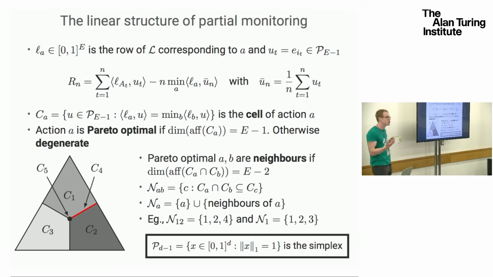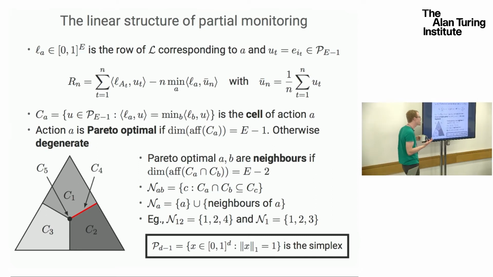Okay, so this is telling you which actions can be kind of similar, right? So these two can be hard to tell apart if the adversary is playing close to this boundary here. And this turns out to be really important when you're analyzing these games. So the neighborhood structure is one important piece of the puzzle.